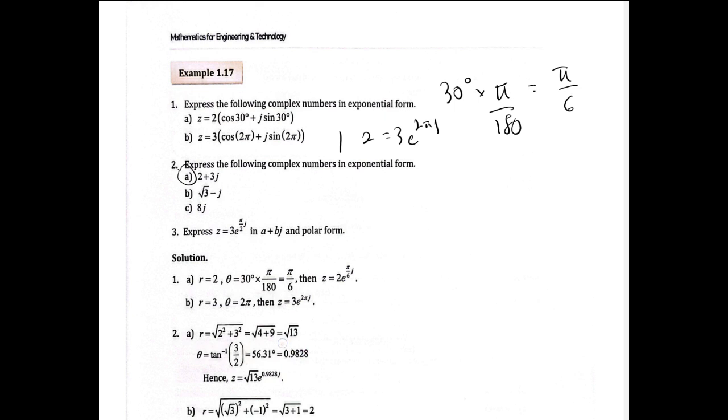You need to convert it into radians. So 56.31 degrees times pi over 180 will give you the radians.